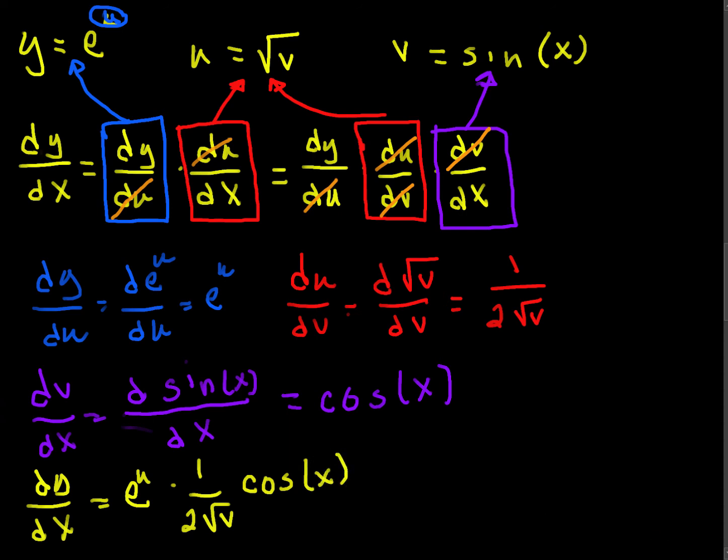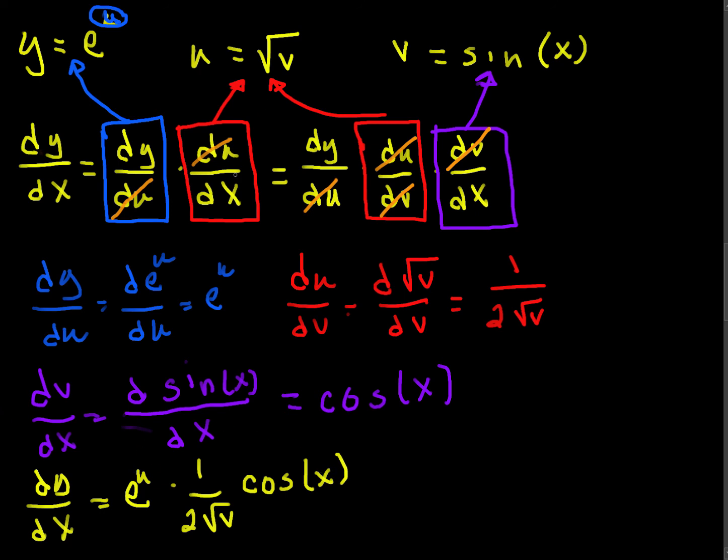And this is a viable answer. However, if you notice, I want to know the derivative of y with respect to x. And over on the right-hand side, I've got the variable u, the variable v, and the variable x. So I'd like to write it all in terms of x.